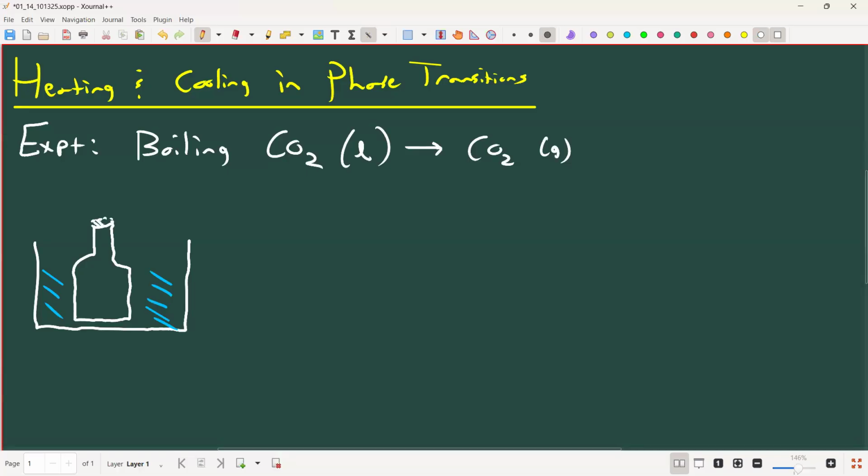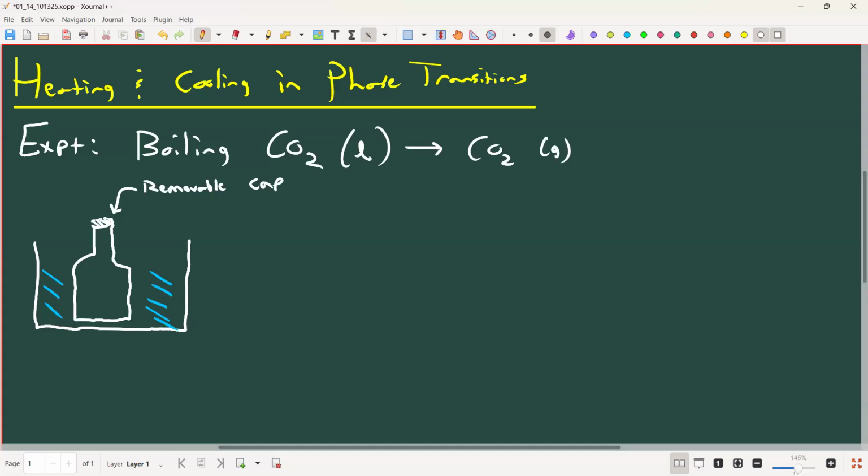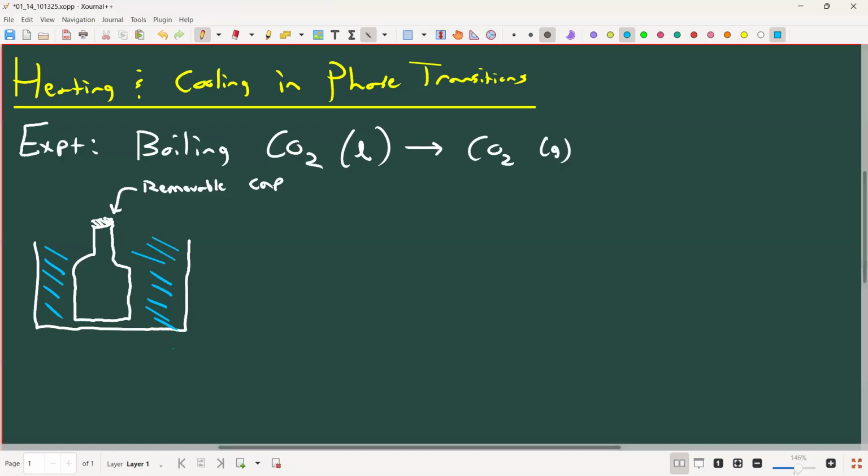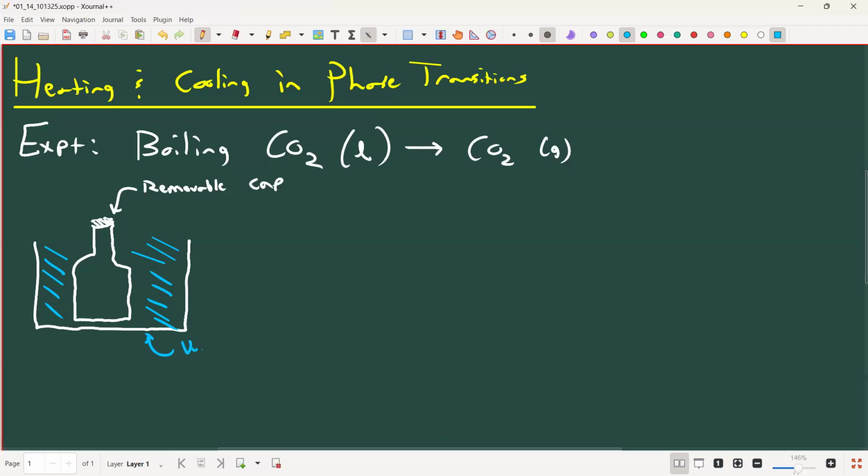So we have a removable cap, that can seal the environment or not. We can make a choice whether we want to keep it sealed or we want to keep it open to the atmosphere.